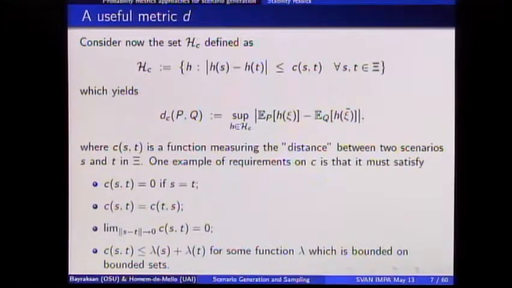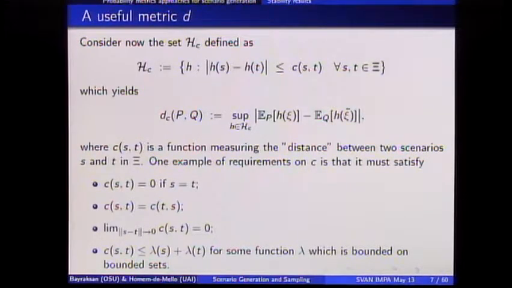Here you can think of it as some sort of continuity, so if the norm of S minus T goes to 0, the CST goes to 0. Those are reasonable properties to have. And this is an important one: it turns out that the triangle inequality is really important for this type of results that we're going to see.